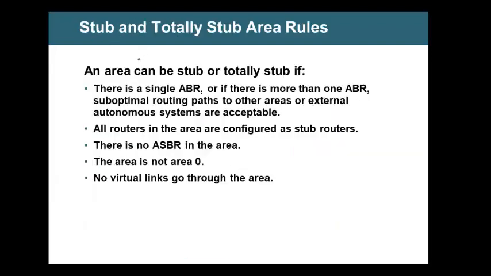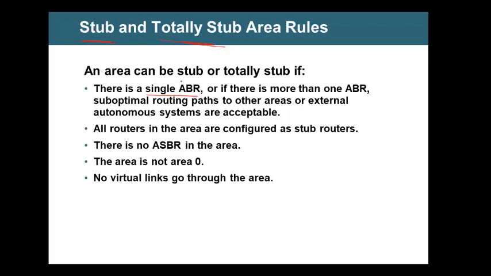Now, some conditions for the stub and totally stub area. What are the conditions? An area can be stub or totally stub if there is a single ABR. So there should be only one ABR in that area.